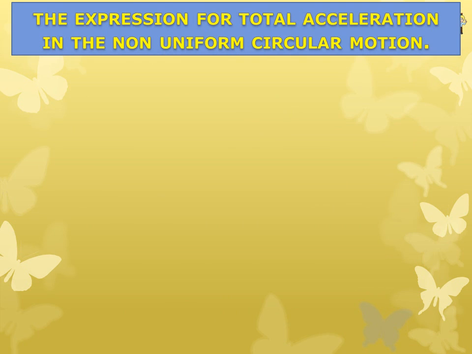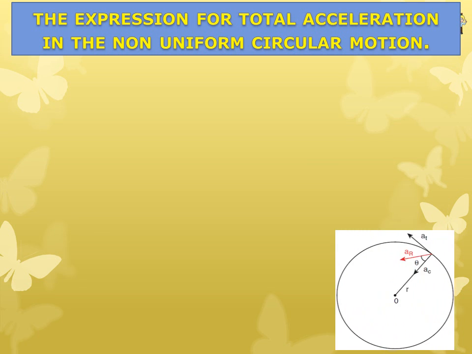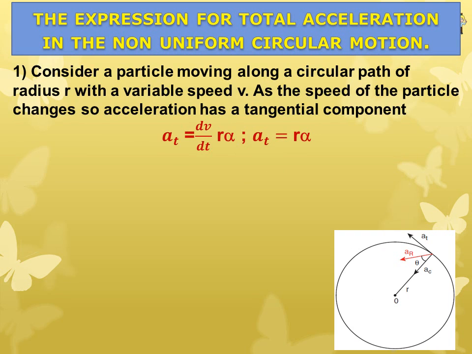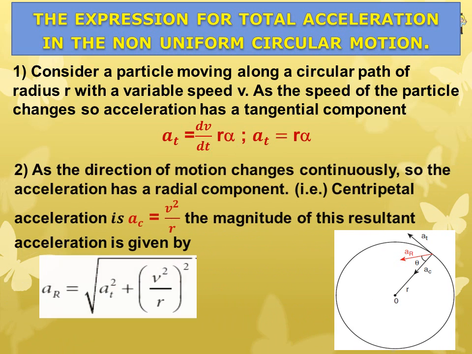Now let's see the expression for total acceleration in non-uniform circular motion. This is a non-uniform circular motion picture. Now consider a particle moving along a circular path of radius r with a variable speed v.